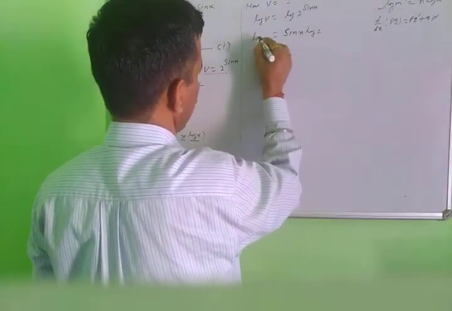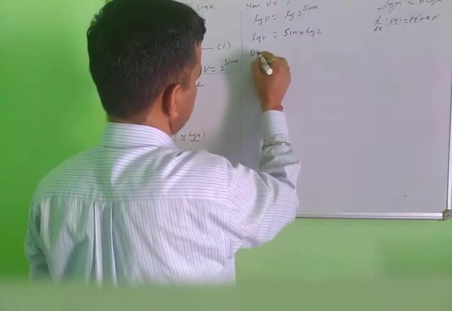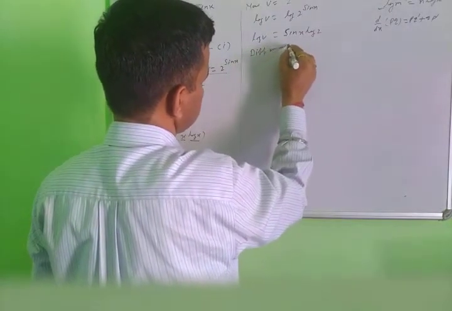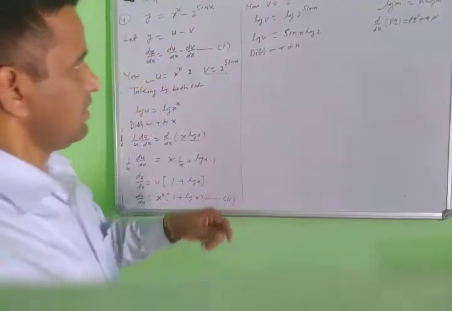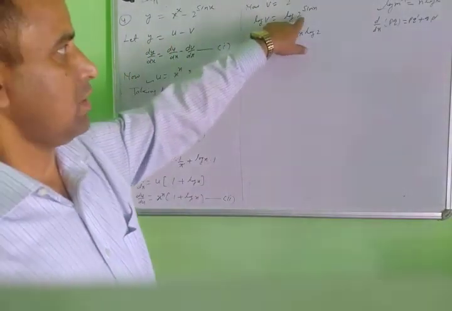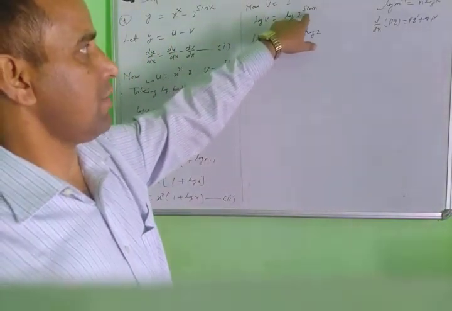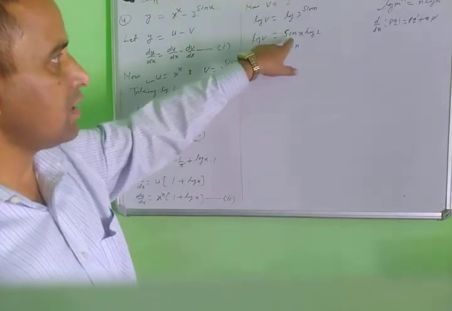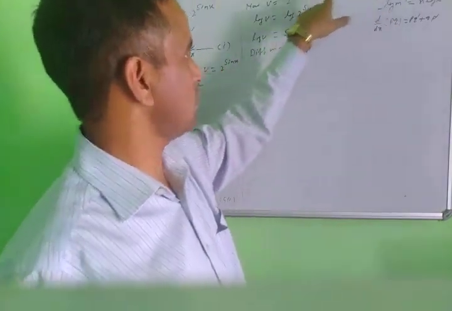This is your log v. Differentiate with respect to x. Here using the log identity log m^n.